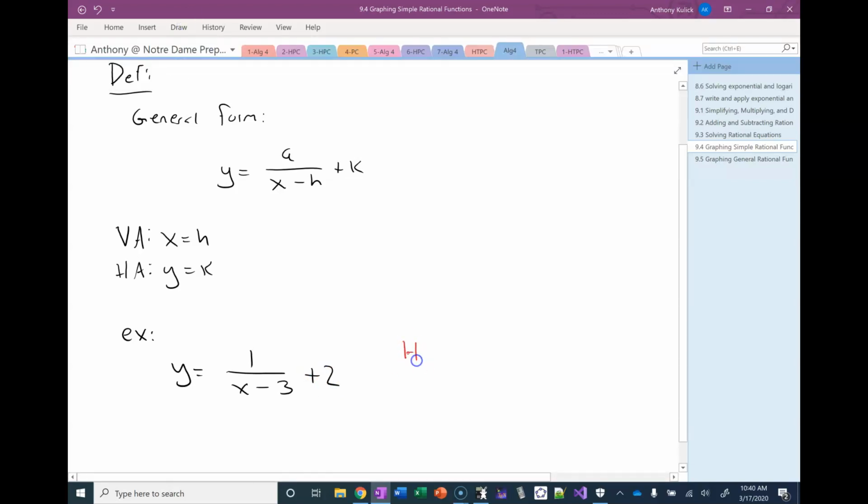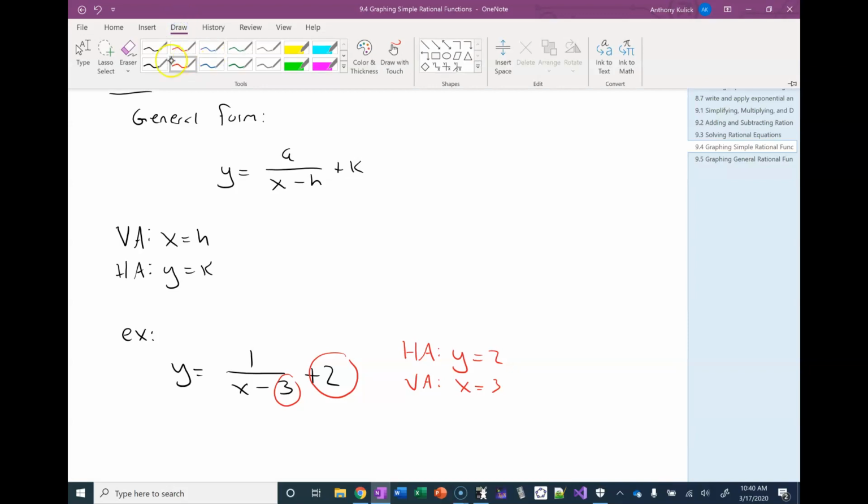We have a horizontal asymptote at y equals 2 and a vertical asymptote at x equals 3. Remember that the h's are always the opposite sign of whatever they appear in the problem. Everybody's okay there?